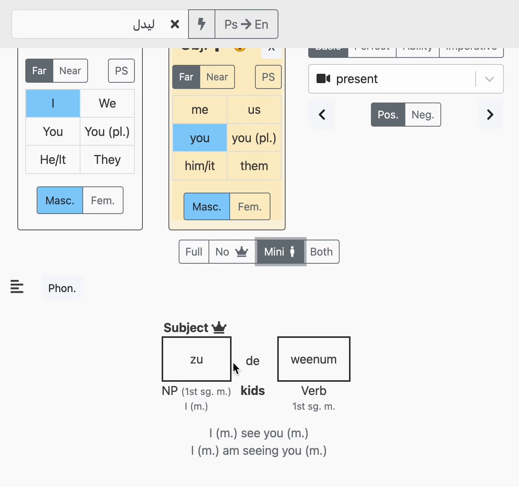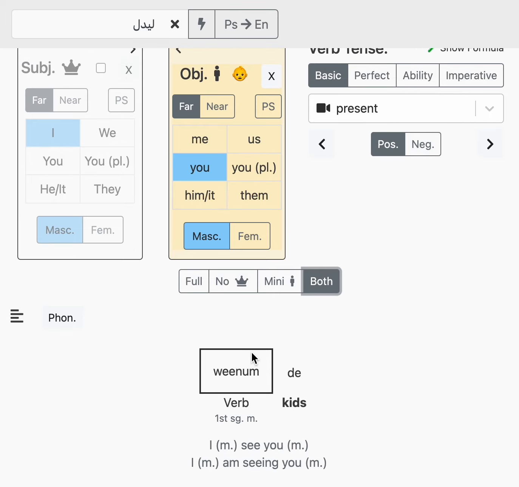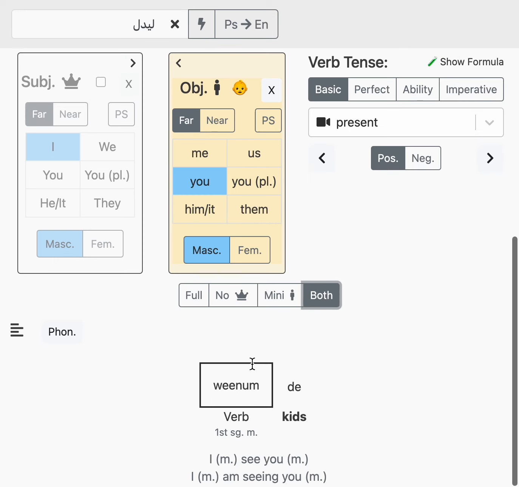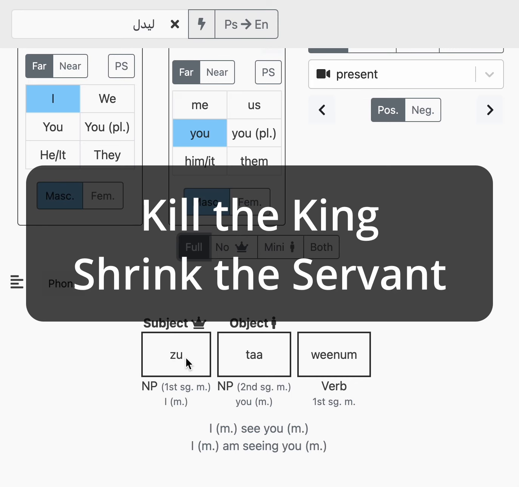So if I say zadewinam, then the de has to come in the kids section. If I also eliminate the king of the sentence, so I don't want the king either, then winam de. Then the de has to come after the verb, just like that. So these are the two things you can do to shorten a phrase. You can shrink the servant and you can kill the king.